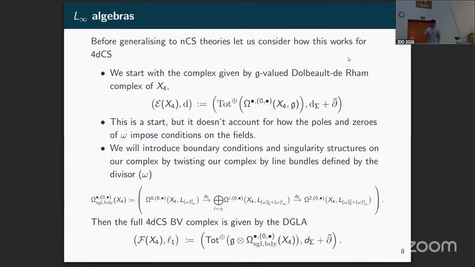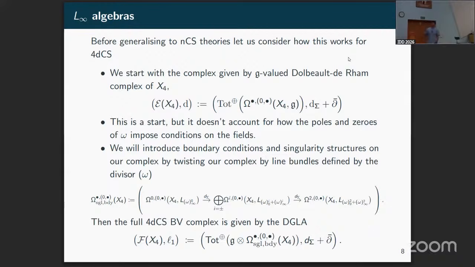So all this omega does for us is it means that we have to have zeros and poles in our gauge field, and we want this complex to see these boundary conditions, these zeros. So the way we do this is we'll introduce what I call local boundary conditions later and singularity structures on our complex. And this is achieved by twisting our complex by line bundles that are defined by the divisor omega before.